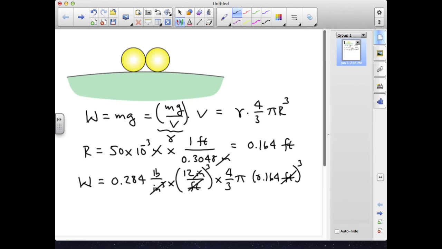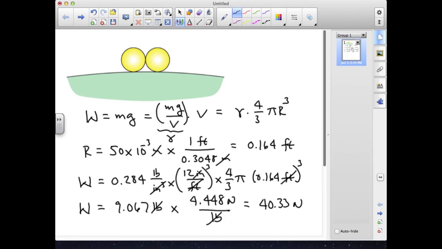That will give us a weight in pounds, and that number turns out to be equal to 9.067 pounds. We could then convert that into a weight in newtons by multiplying by 4.448 newtons per pound, and that gives us a weight of 40.33 newtons.